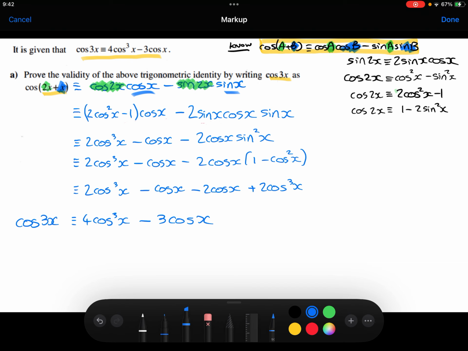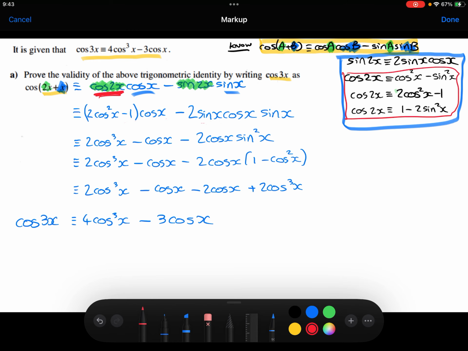Right, next steps. We need to get rid of these double angles. And you can see over here that I have written down the double angles for sine and cos. You need to know these things. So when we've got this cos 2x at the front here, there are three different versions I can use.